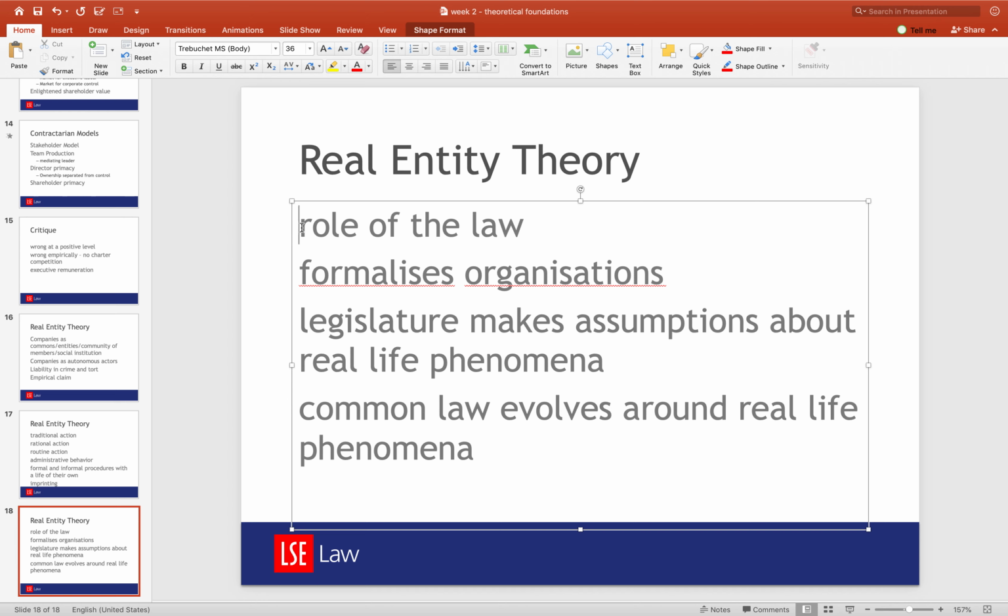So the law formalizes organizations, and the legislator makes assumptions in setting the framework about this real life phenomenon of organizational behavior. And definitely the common law has evolved around this real life phenomenon.